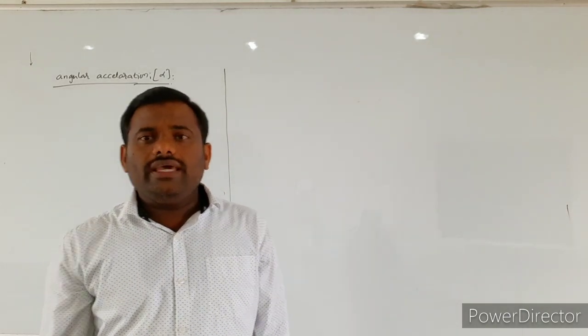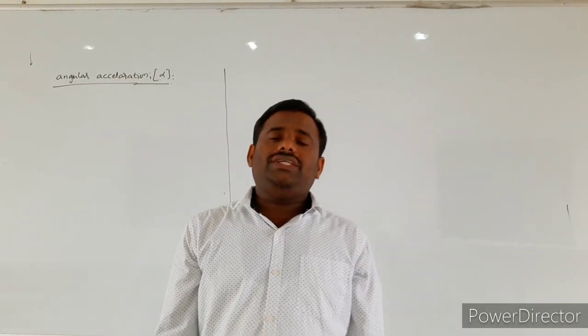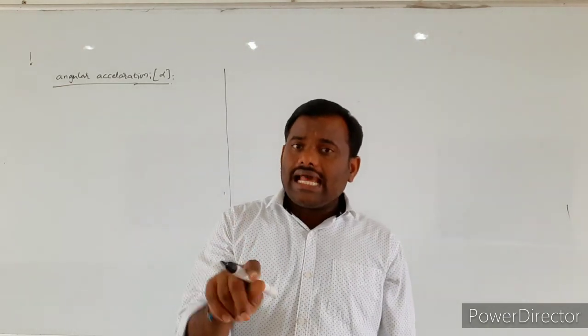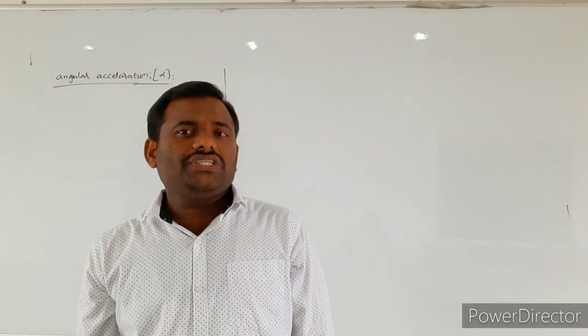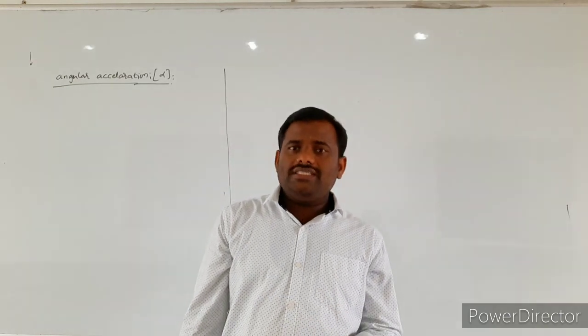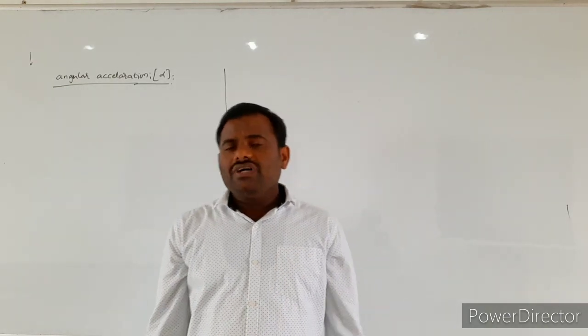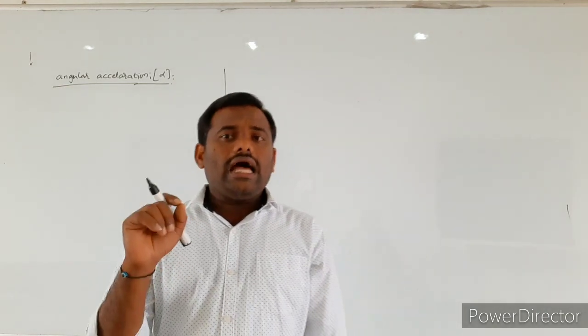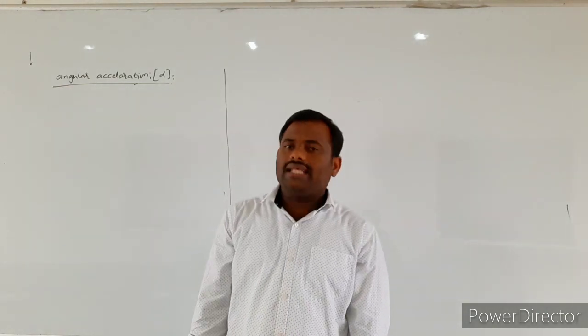And the next definition is angular acceleration. Already we know the linear acceleration definition. What is the definition of that? The rate of change of linear velocity is called as what? Linear acceleration.